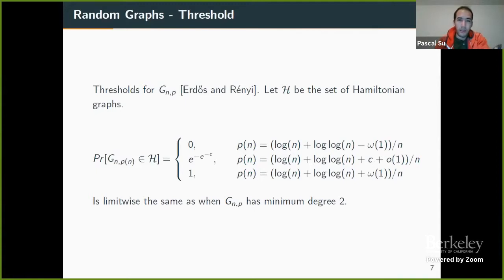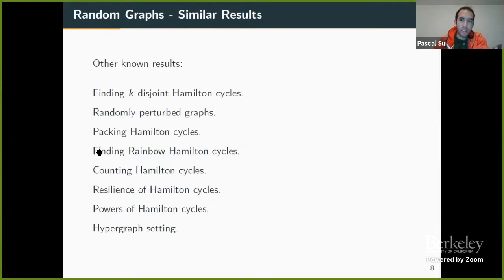This is part of the intuition that randomness really helps a lot with the expansion properties to find these Hamilton cycles. There is a lot of existing work proving that in random graphs Hamilton cycles are present, not just a few, but a lot of them as soon as we have at least one.